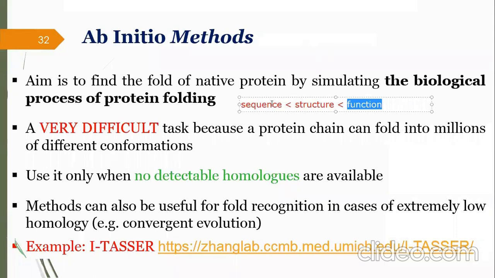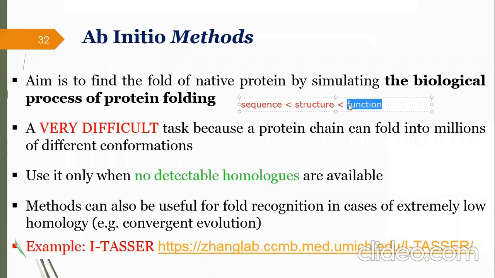समझ आ रही है? So if we have less than 25% identities, don't go for structure, for homology modeling. We still have to rely on the function, because function is more conserved than the structure. So even if the structure is not conserved, the two proteins are performing the same function.